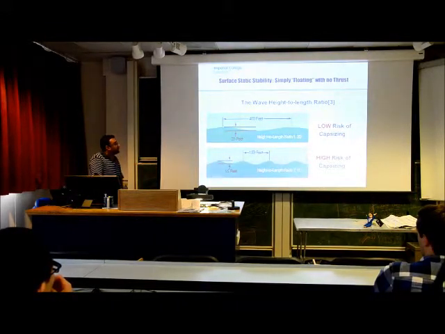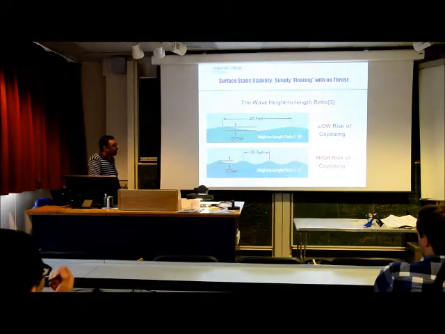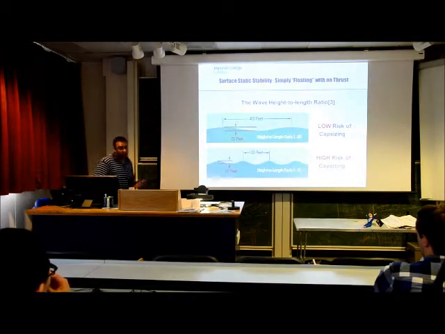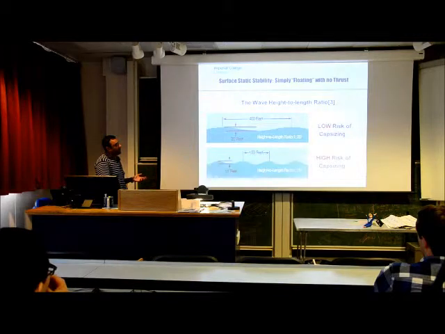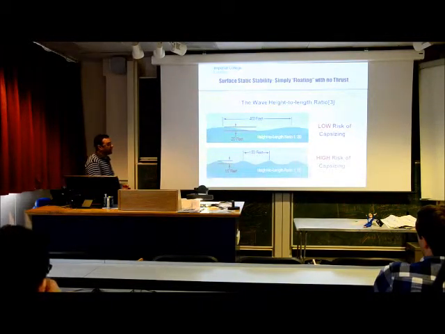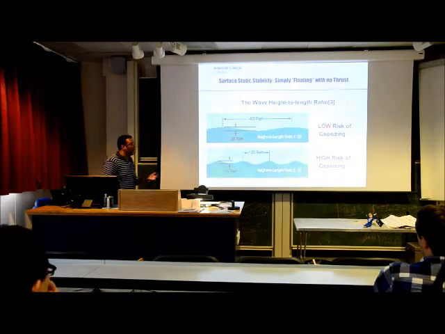The risk of capsizing, when we are simply floating at the surface of water, depends on the height to length ratio, which is the ratio of the amplitude to the wavelength of the waves. In our case, we have something like 200 meters of wavelength, if I'm not mistaken, with an amplitude of 2.5 meters. That will give us an idea of how high our risk of capsizing is. The lower that ratio gets, the higher the risk of capsizing during floating.